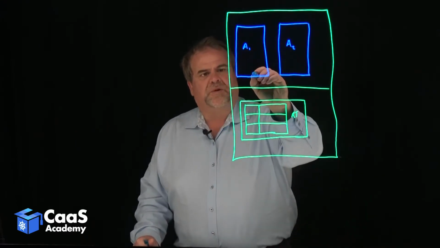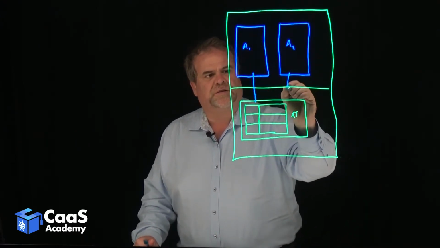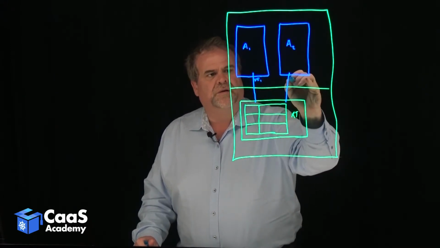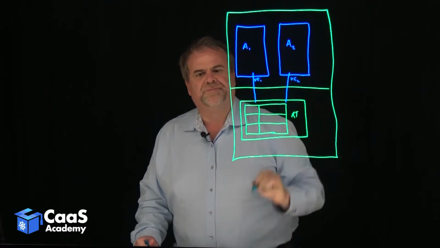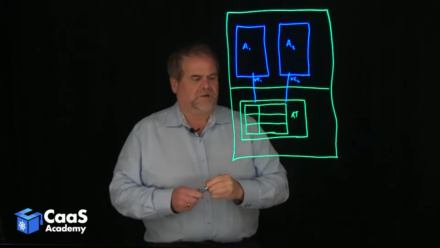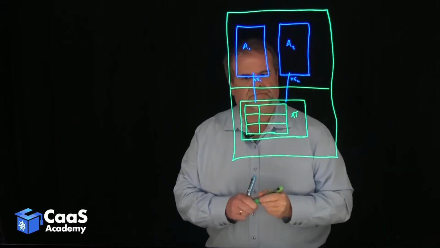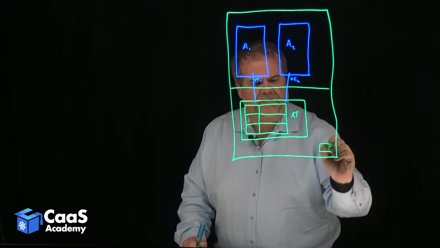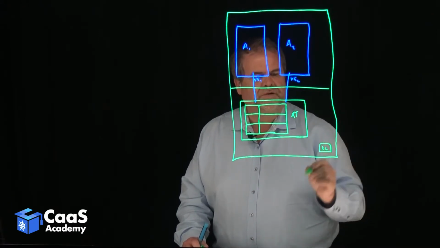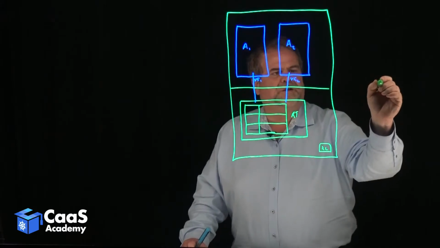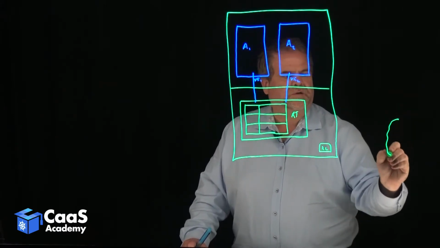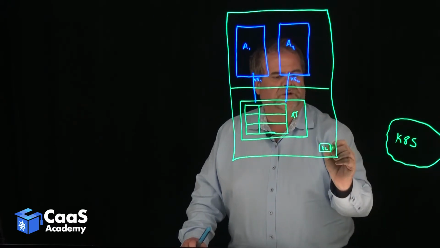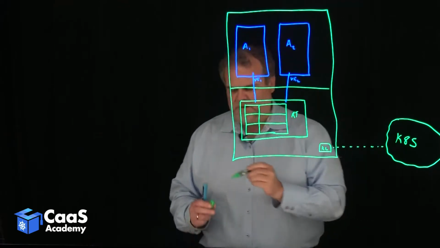And if you remember, we had a couple of virtual Ethernets here. So we'll call this virtual Ethernet 1 and virtual Ethernet 2. And I've got my kubelet down here. The kubelet really doesn't come into play here anymore, but I'll leave it here. And I've got Kubernetes here, the rest of the Kubernetes infrastructure, and the kubelet is talking to that.